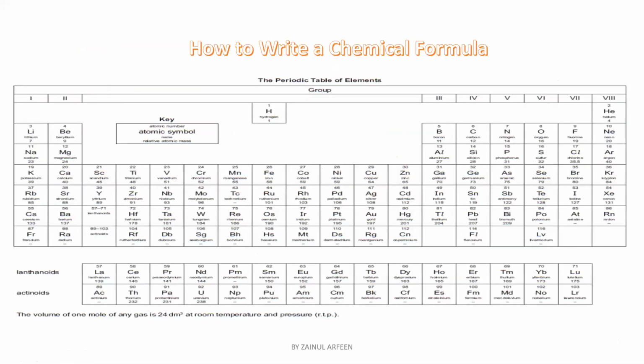So first what we have to do, we have to find the position of calcium and oxygen, because calcium oxide means calcium and oxygen. So we have here calcium and oxygen.